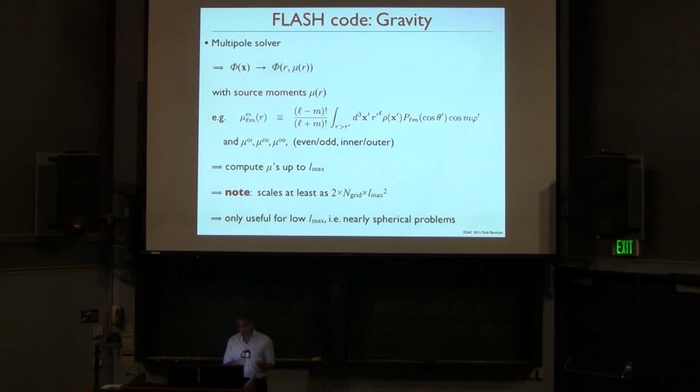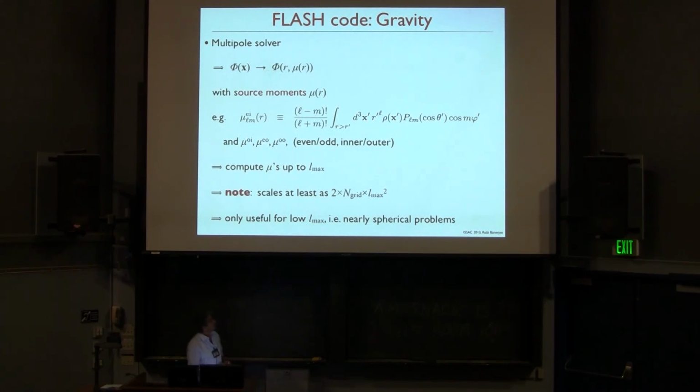And you do this to a certain order of L, so you're not integrating over all the multipole moments to infinity. You truncate them, and I think the maximum supported multipole moment is of the order of 10 in the implementation.